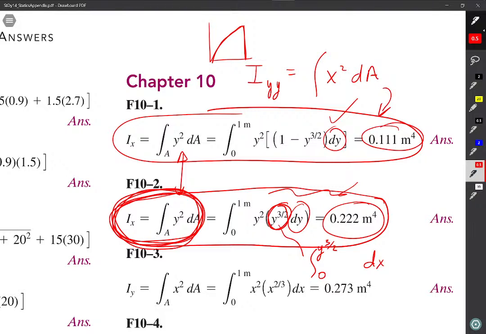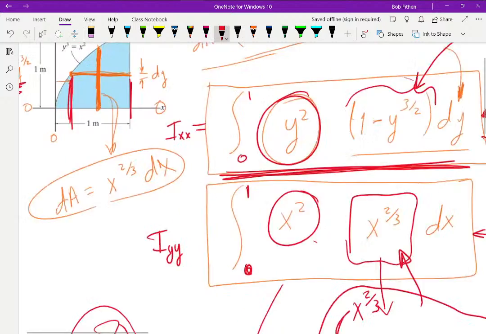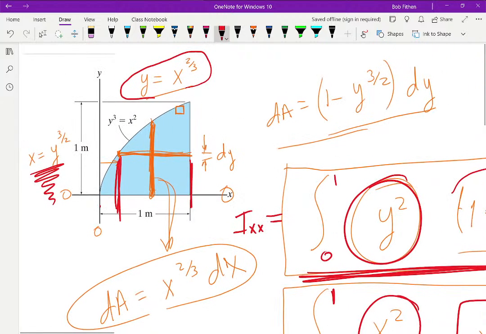Because he's claiming x will go from 0 to y to the 3/2. So, okay, x going from 0 to the y 3/2. That's not what's happening here.